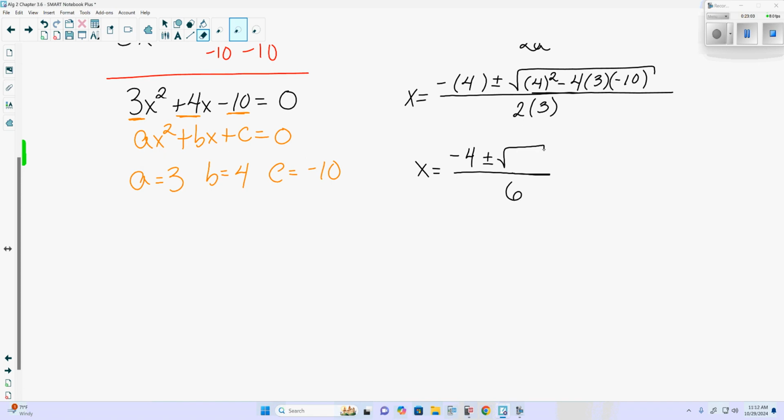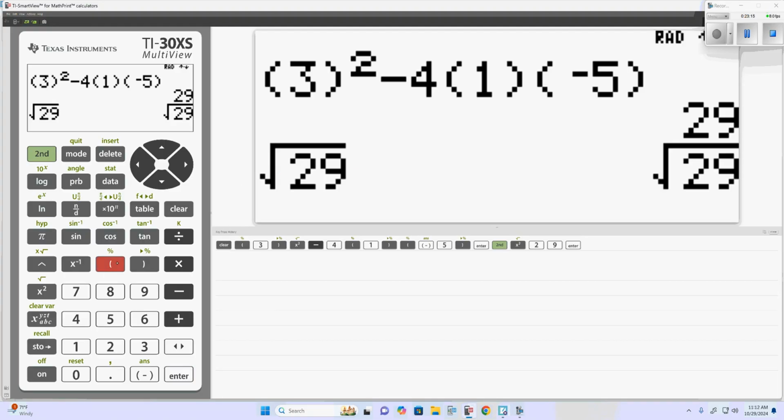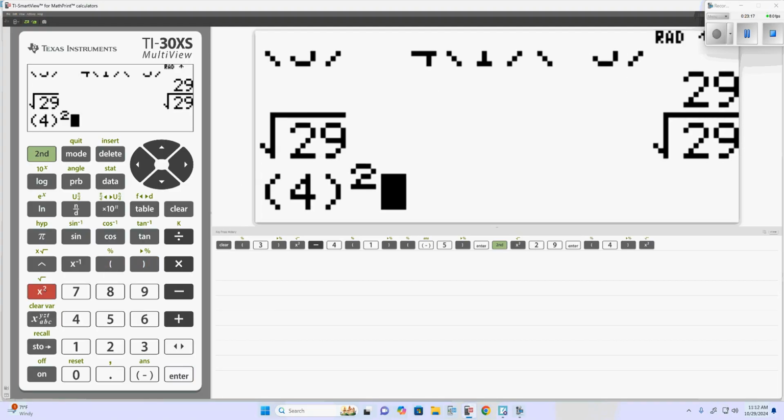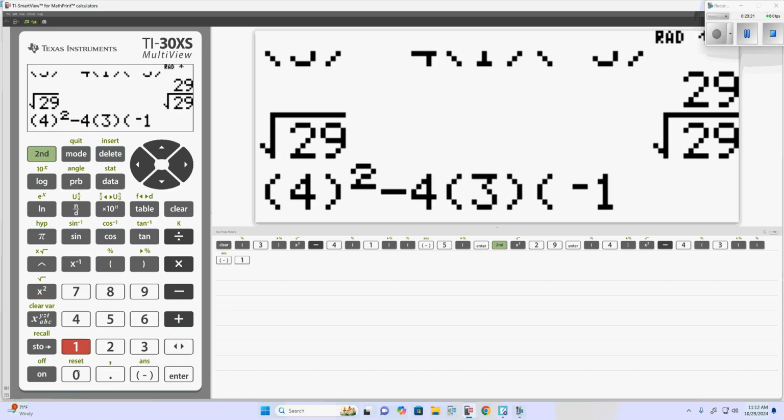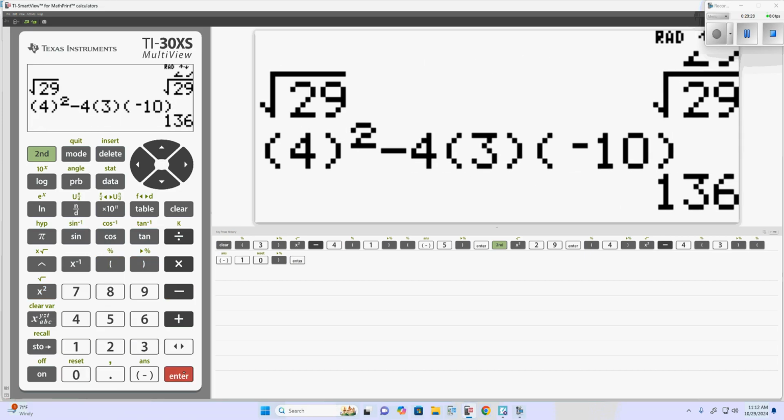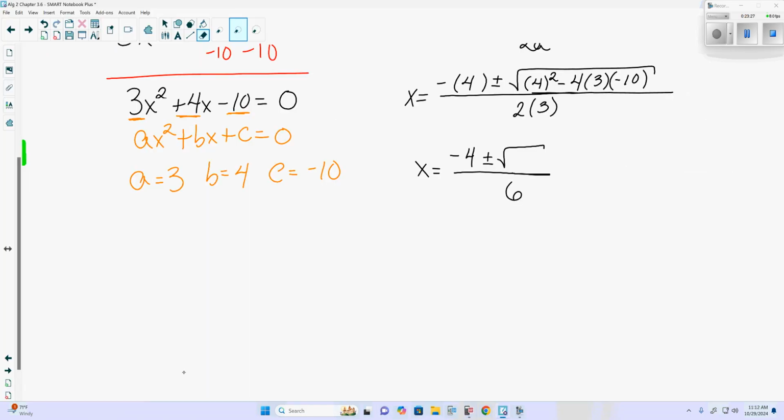Now our radical, we can simplify what's inside the radical. Our 4 squared minus 4 times 3 times negative 10. So in the calculator, we do parentheses 4, close parentheses squared, minus 4 times 3 times negative 10, which gives us square root of 136.